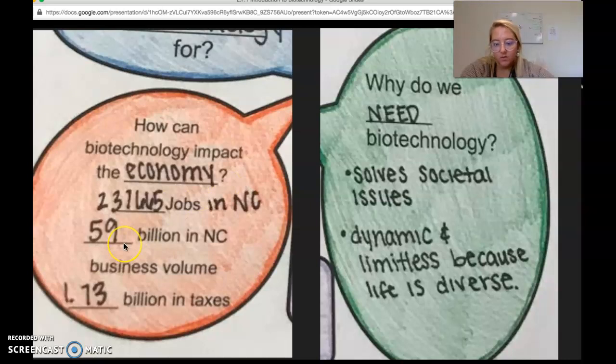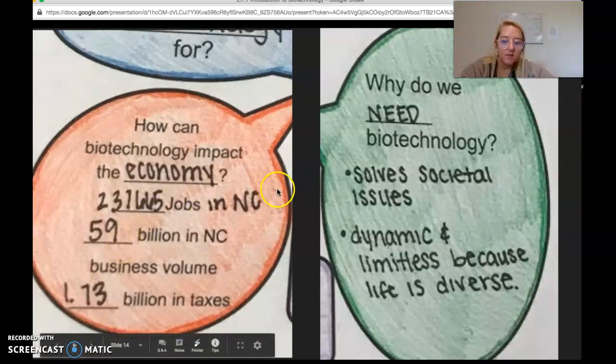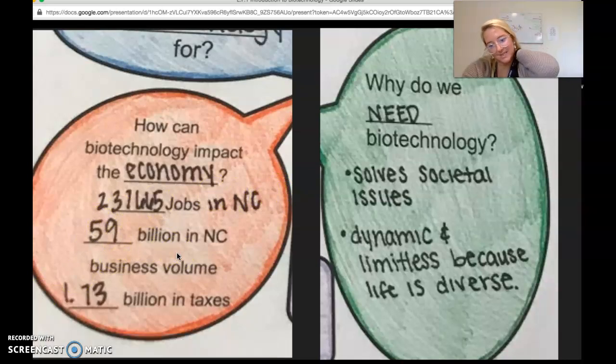And it also generates $1.73 billion in taxes. So biotechnology is good for the economy. It gives us jobs, it accounts for much of our business volume here in NC, and the taxes taken from it are hopefully used for better things, maybe even education.